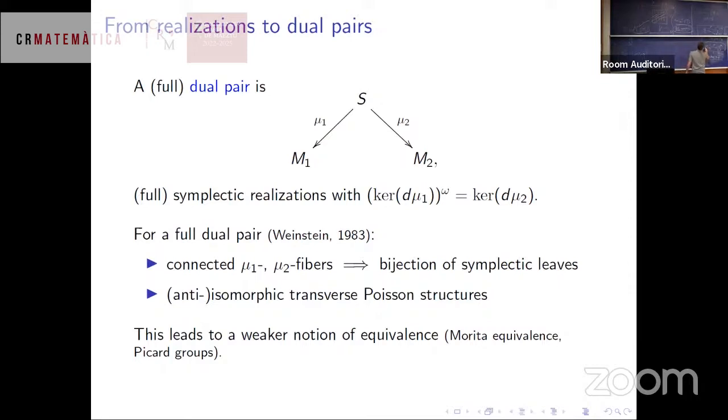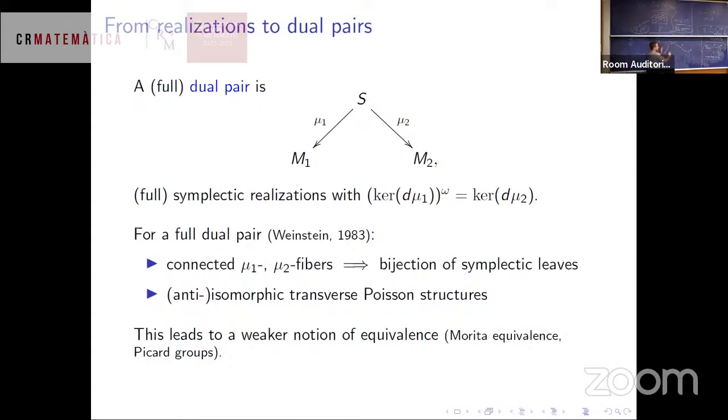Let me try to keep on calling my symplectic manifolds S. So whenever you have a Hamiltonian action on a symplectic manifold, then you have a moment map. And if the action is nice, free and proper, you can consider this other Poisson map into the orbit space, which is a Poisson manifold. Okay? And the fibers here will be the symplectic orthogonal of one another.